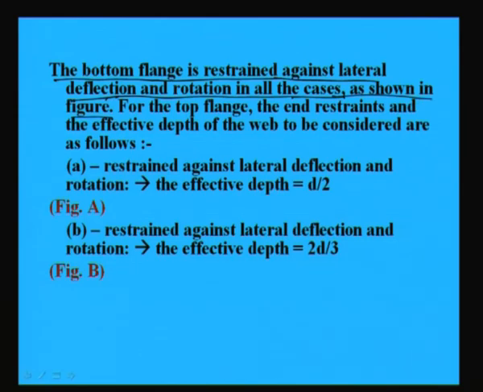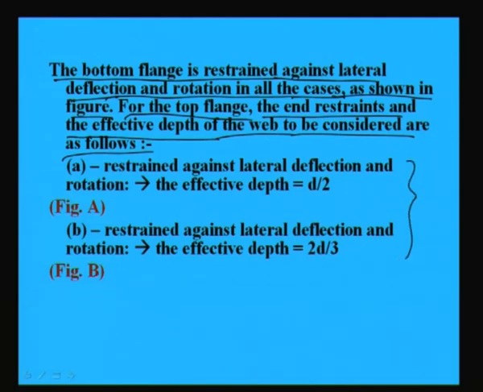So, the bottom flange is restrained against lateral deflection and rotation in all the cases. For the top flange, the end restraints and the effective depth of the web to be considered are as follows. For the top flange, for different cases the effective depth will be different.